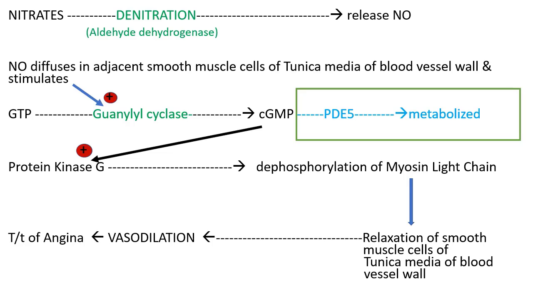So, blood vessel wall. Blood vessel wall is composed of three layers. Tunica intima, that is the innermost layer, tunica media, that is the middle layer, and tunica adventitia, that is the outer layer. Tunica intima contains endothelial cells. Tunica media contains smooth muscle cells, and tunica adventitia contains collagen fibers.